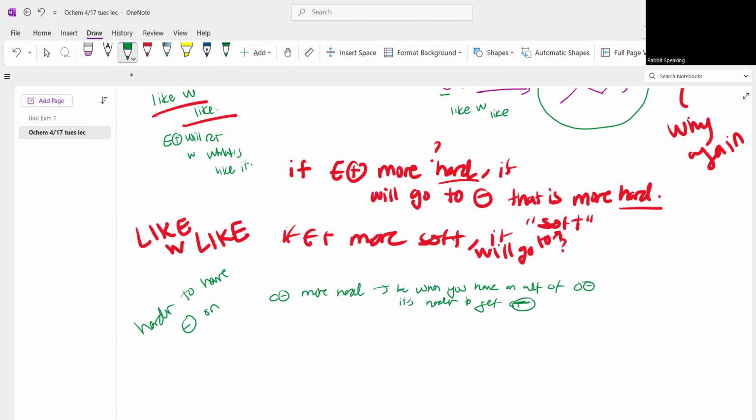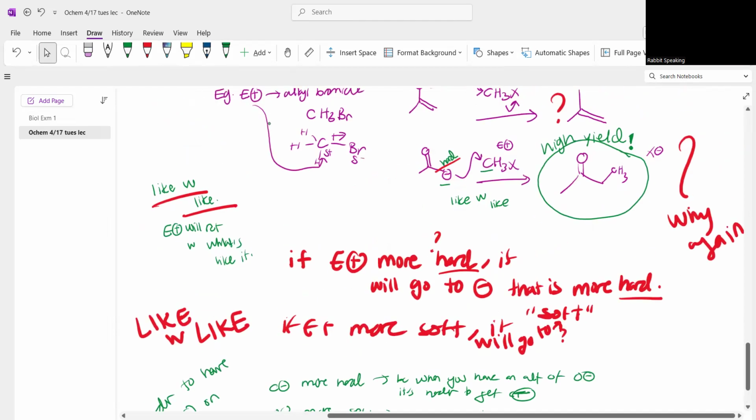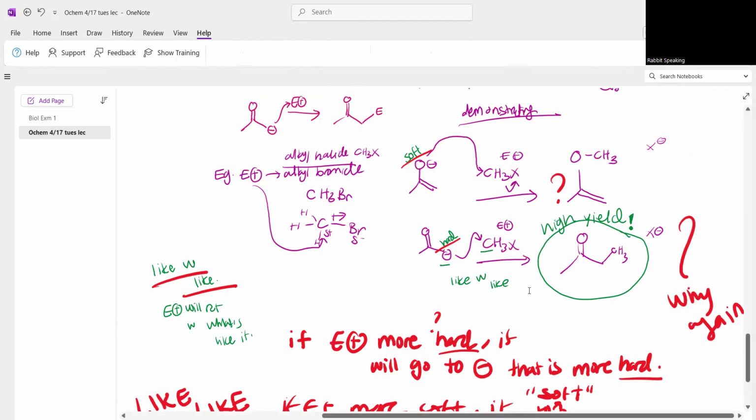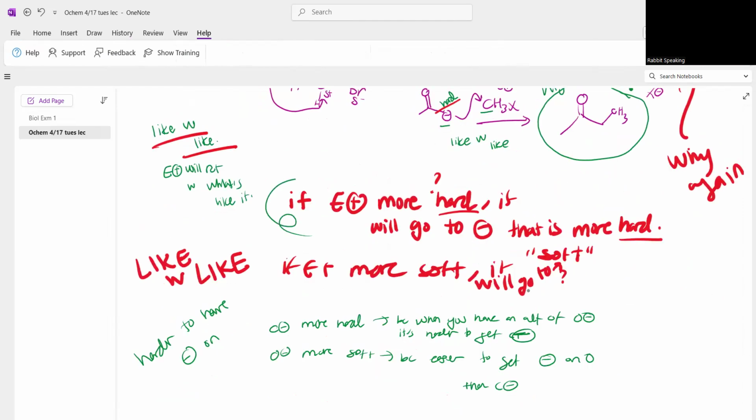And our O is more soft because it's easier to get our negative on O than C. So I guess I'm kind of stuck on our electrophile. How do we determine if an electrophile is more hard or more soft? So I'm going to write my question here.